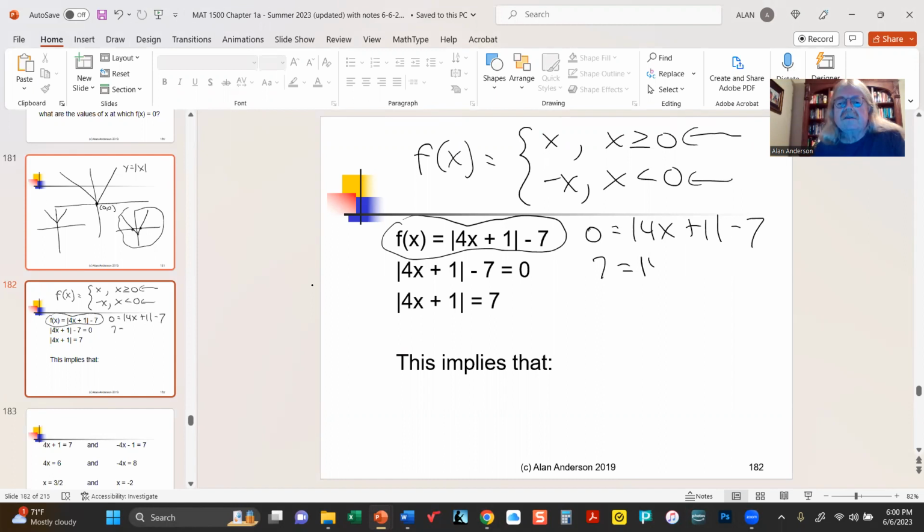Therefore, 7 is 4x plus 1, absolute. So based on this definition up here, in the first quadrant, or at least I should say the positive values of x, we have just 4x plus 1.